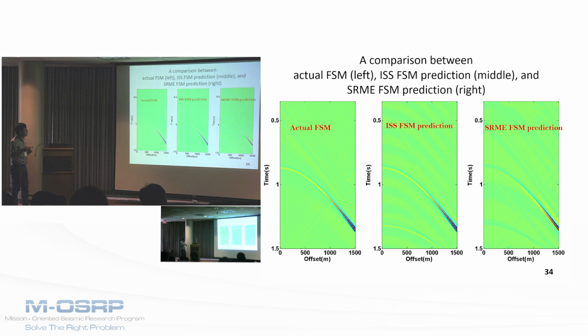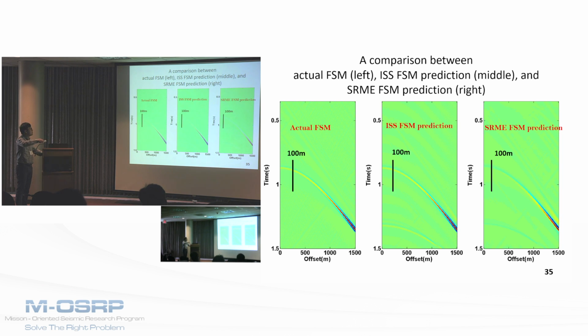So this slide shows the comparison between the actual free surface multiple on the left, the ISS free surface multiple prediction in the middle, and the SRME free surface multiple prediction on the right. And to look into more details of this prediction compared with the actual, let's extract several traces at different offsets.